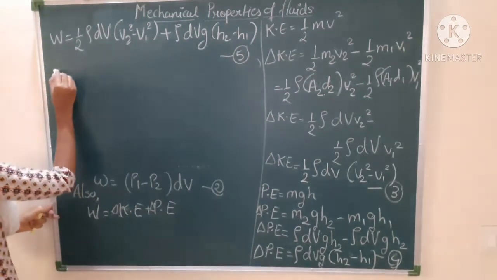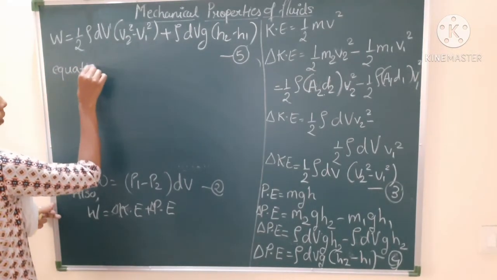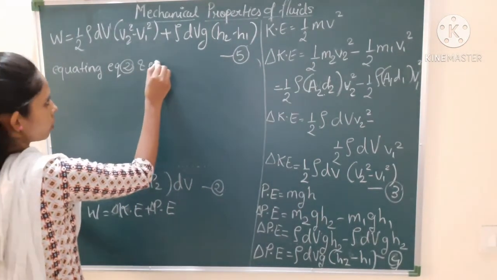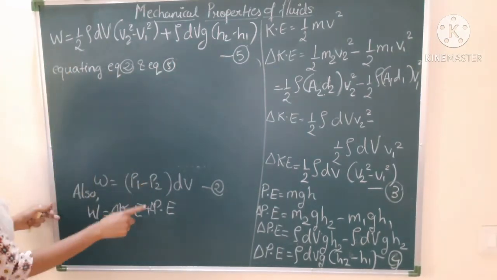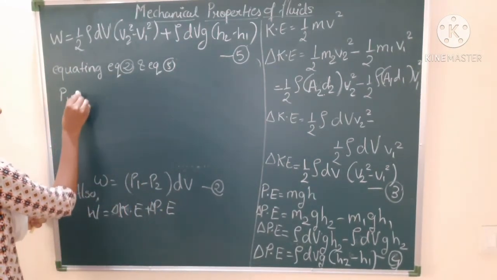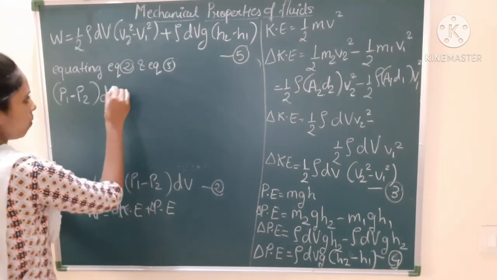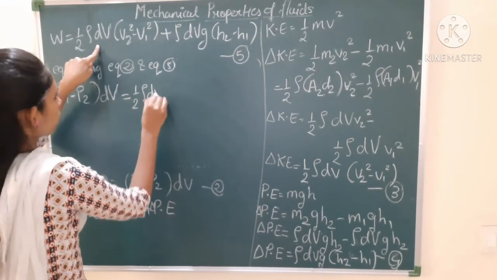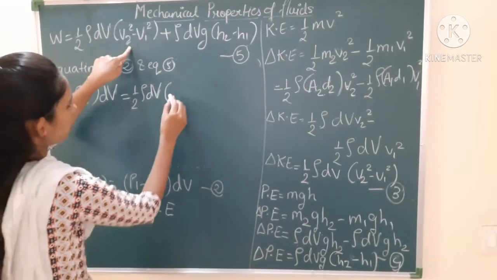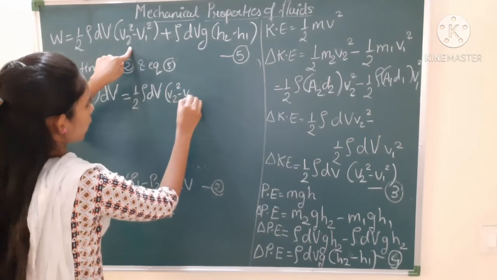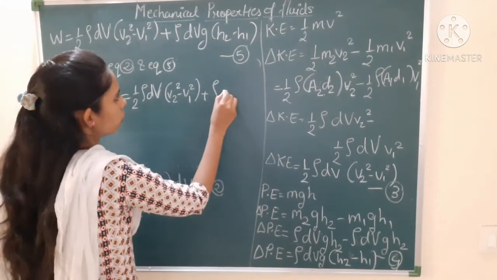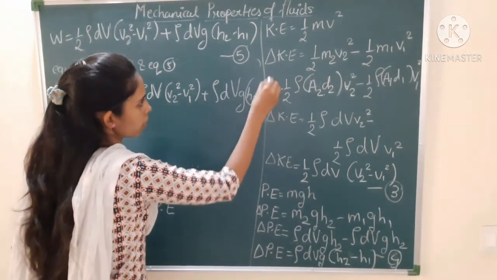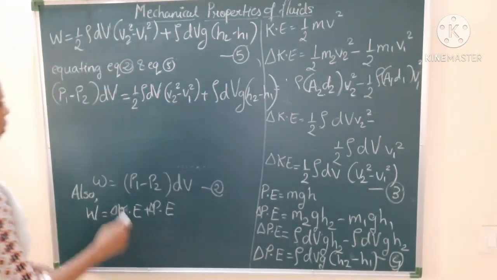Equating equation number 2 and equation number 5, we get the work equation: (P1 minus P2) dV is equal to half rho dV (V2 square minus V1 square) plus rho dV g into bracket h2 minus h1. Here V is the velocity, written in capital. Okay, so this we have got.